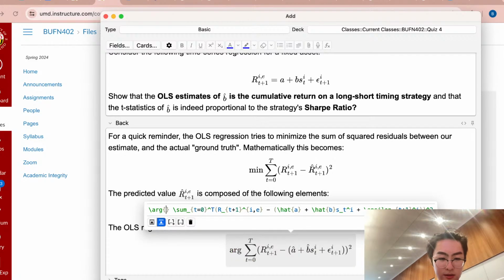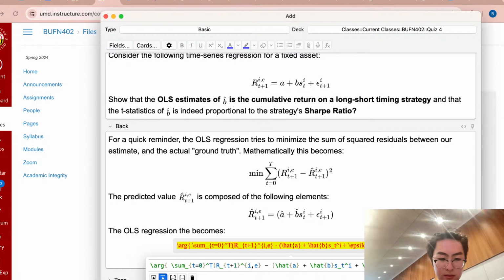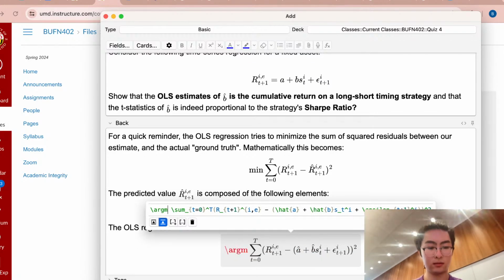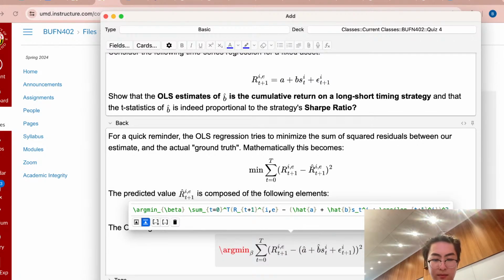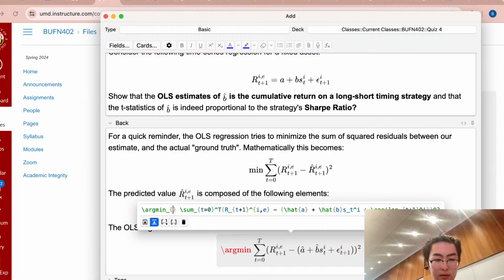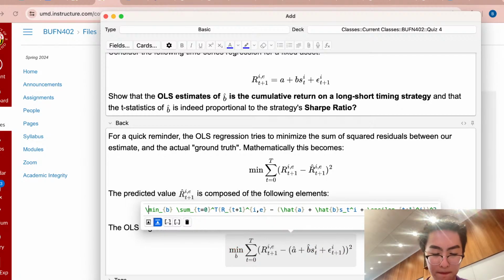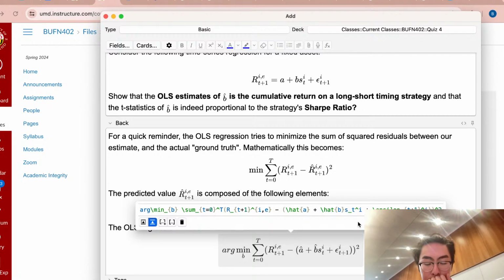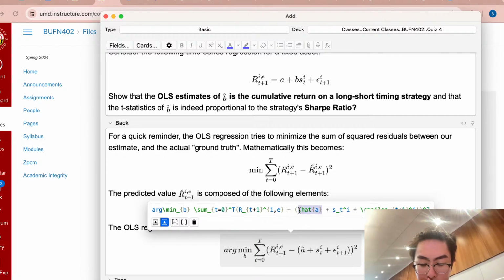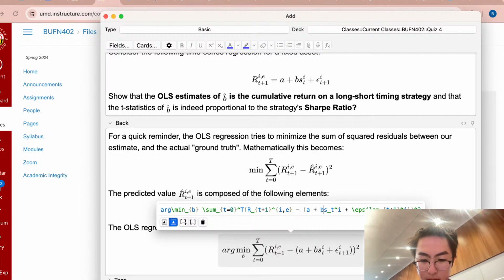I'm surprised it doesn't work. Yeah, I'm not entirely sure why, but there should be an argmin right here. Right, I don't even think so. Plus b.